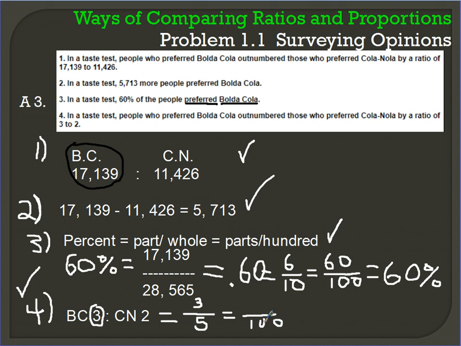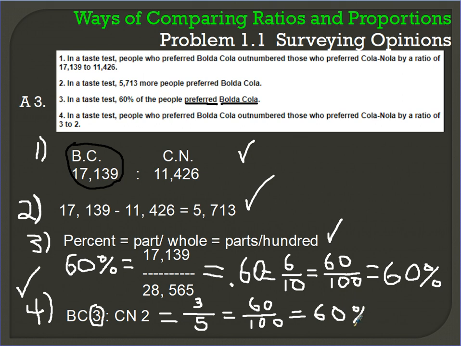If I scale up my denominator by a factor of 20, I need to scale up my numerator by 20 also to have an equivalent fraction. So 3 times 20 gives me 60. Since parts per 100 equals percents, and I have 60 parts, I have 60%.